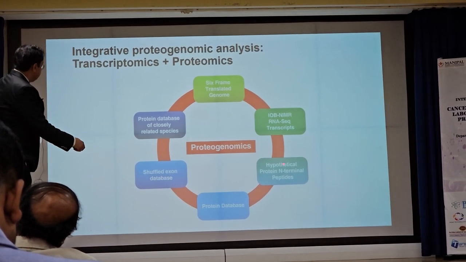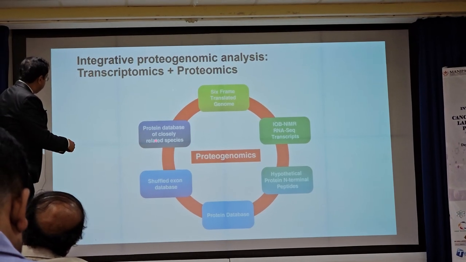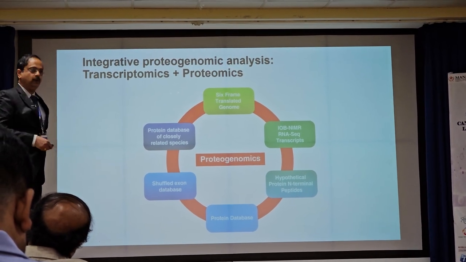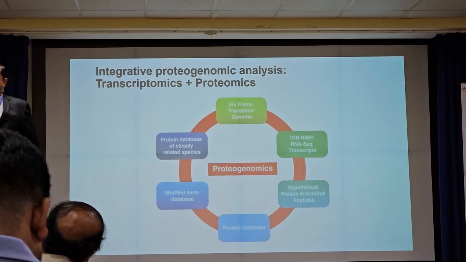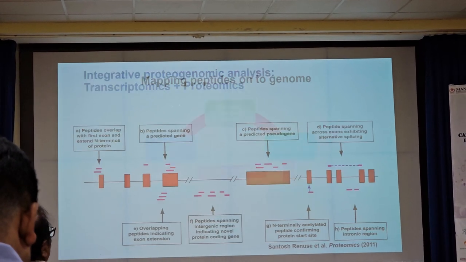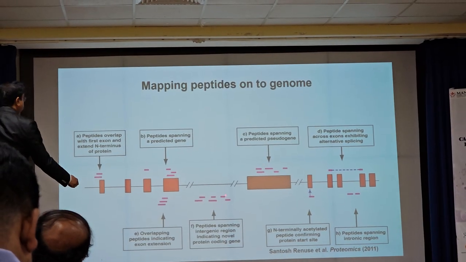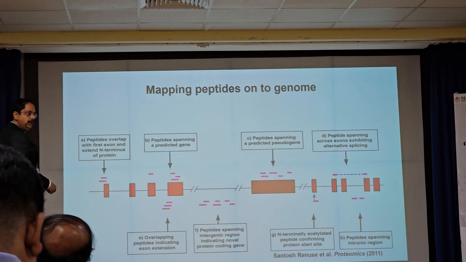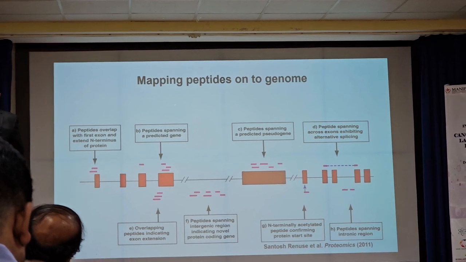Then if some proteins come exclusively from these databases you searched, which is not represented in the protein database, then it is time to add that protein into that database. You identified novel proteins. So if a collection of peptides falls into a genome area where no protein is defined, you identified a novel protein.